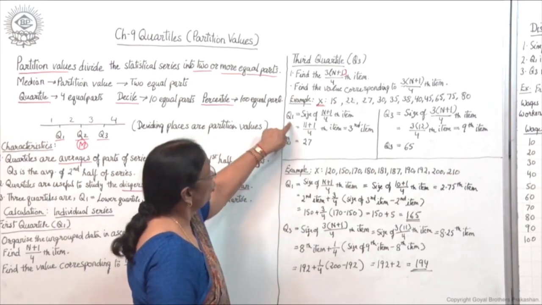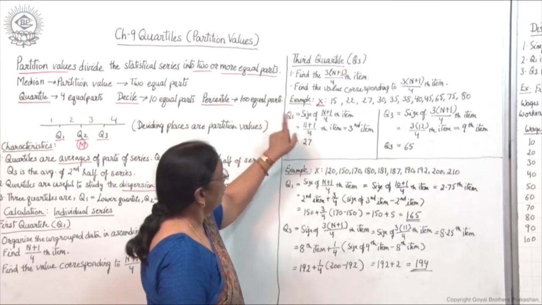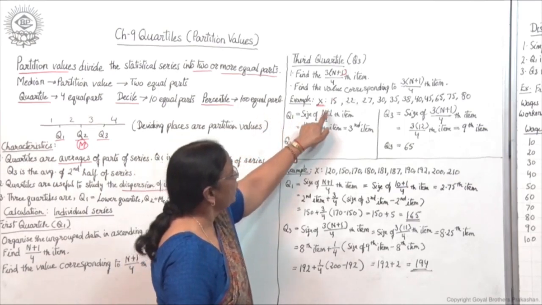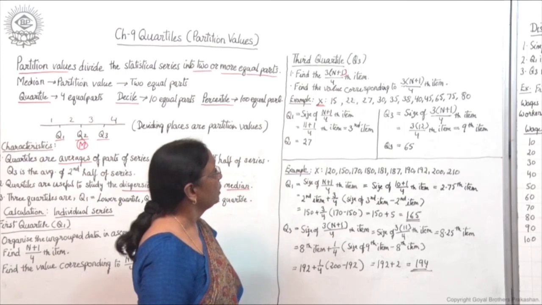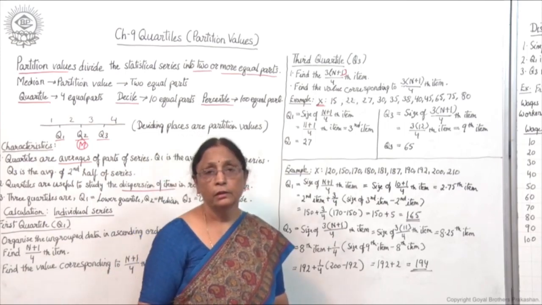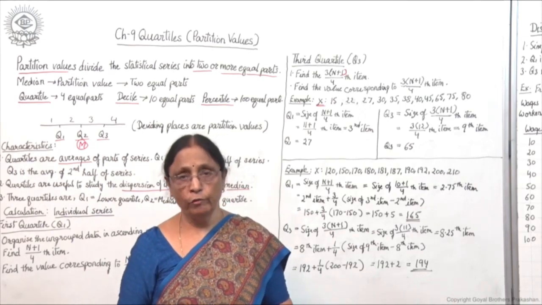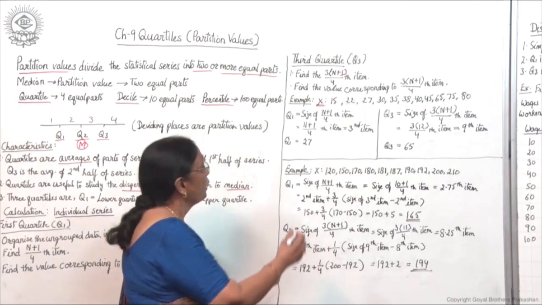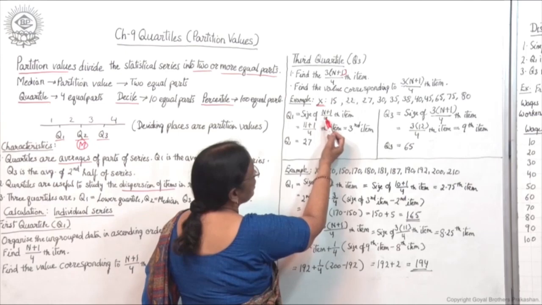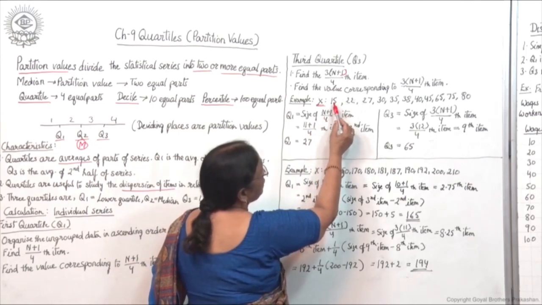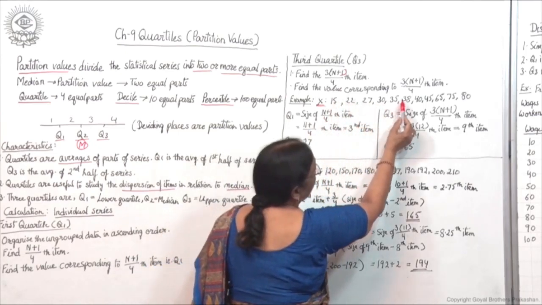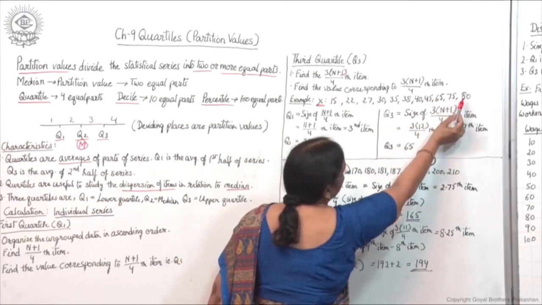Now how to find Q1? As I told you earlier, it is the size of the (n+1)/4th item. Now n means, as you have done earlier also, the total number of items. So here n is 1, 2, 3, 4, 5, 6, 7, 8, 9, 10, 11.